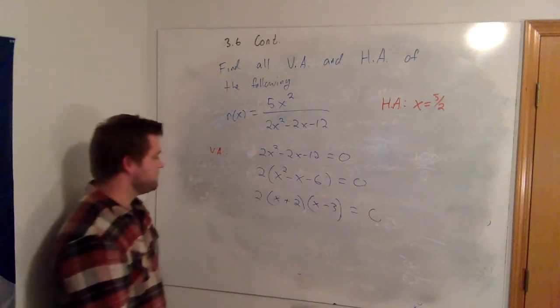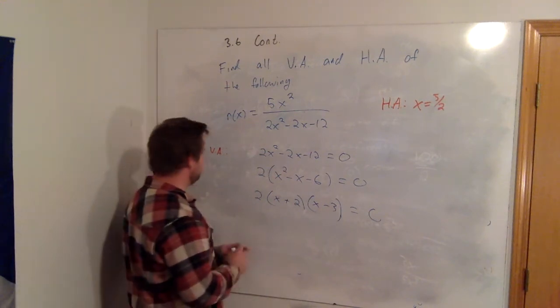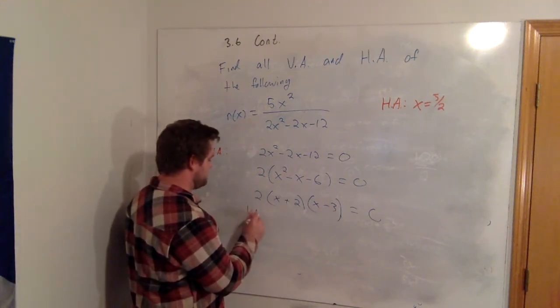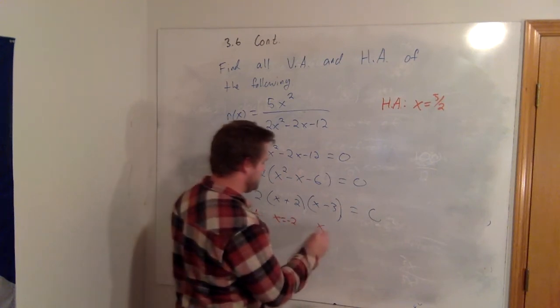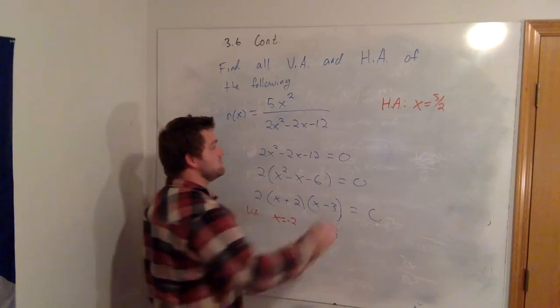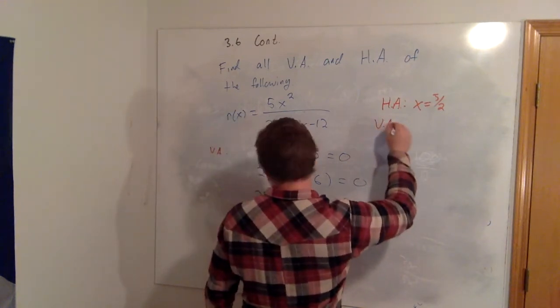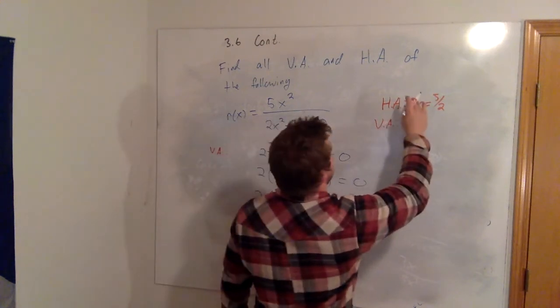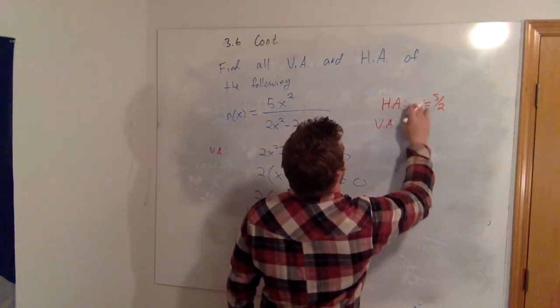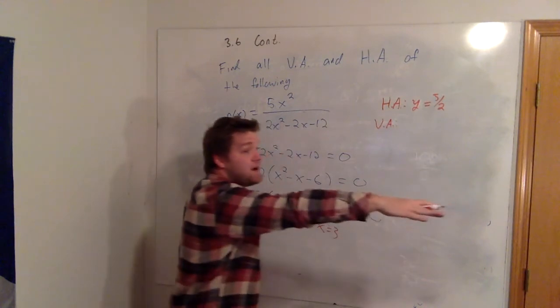Okay, that should work. So we have our vertical asymptotes. It looks like when x is equal to negative 2 and when x is equal to 3. Our horizontal asymptote, I shouldn't put an x here, I should have put a y here. That's when y is equal to 5/2.